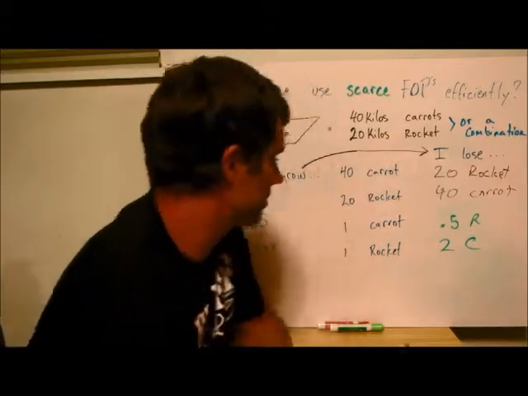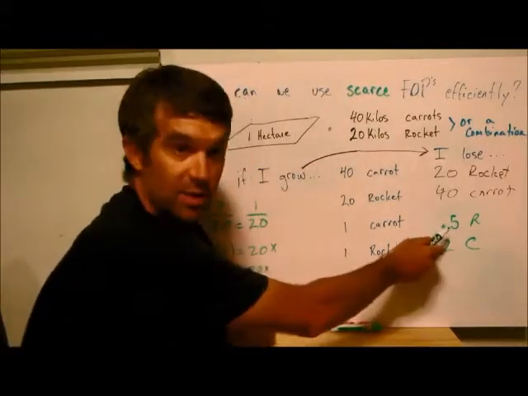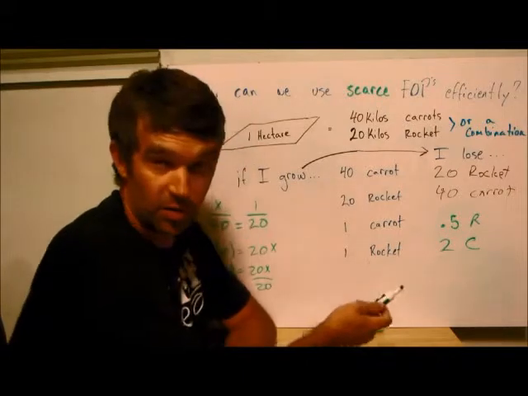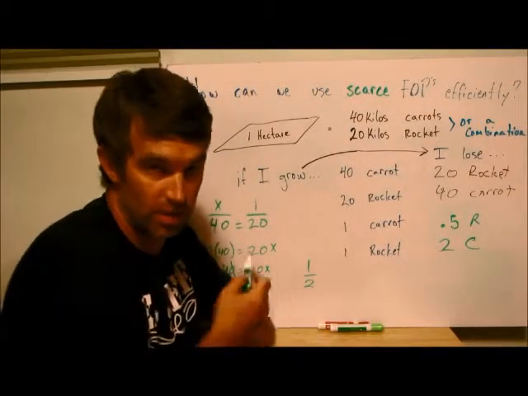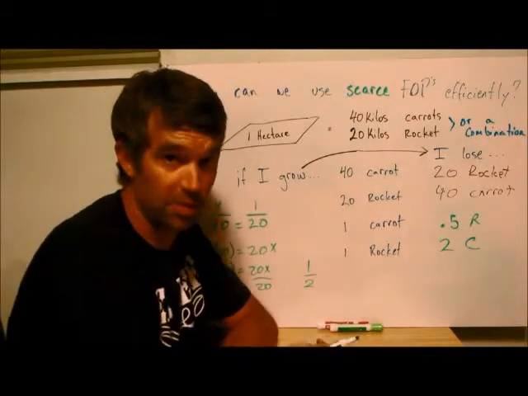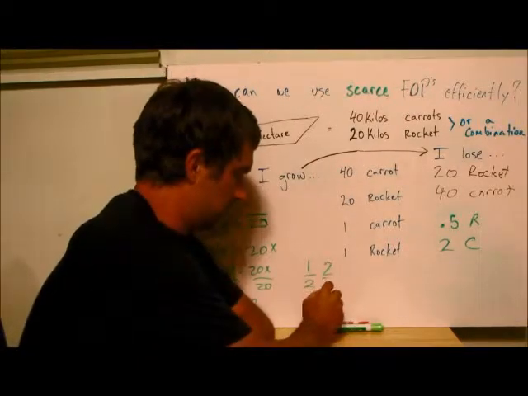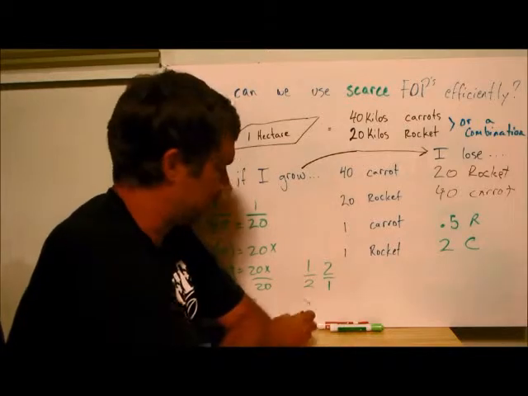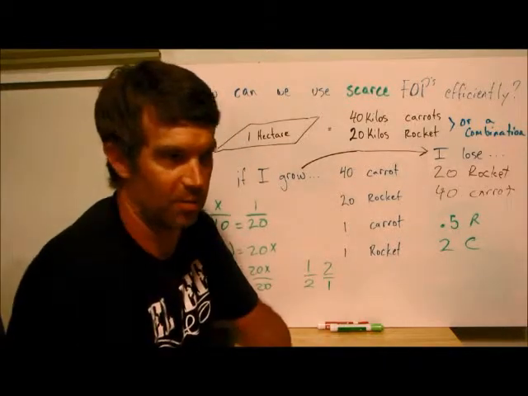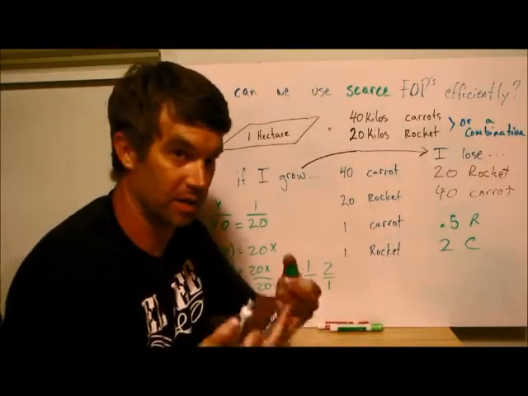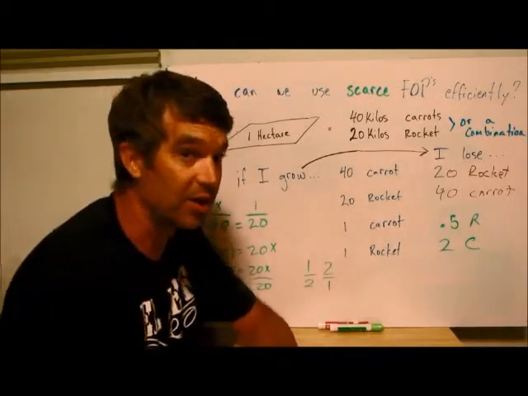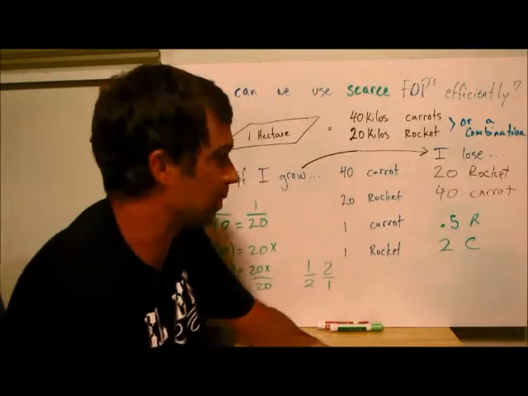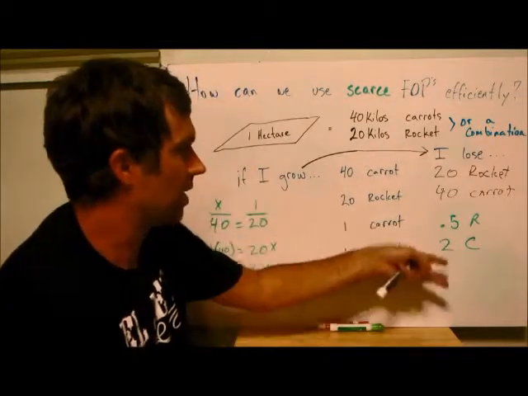Now, just so you know, whenever we do this, if I had written 0.5 as a fraction, it would have been 1/2. The answer to the other one is always going to be the reciprocal of that, so 2/1. Okay? We don't need you to do extra work. As long as you know that one is always the reciprocal of the other, that's fine. Okay? So here we have our answer.